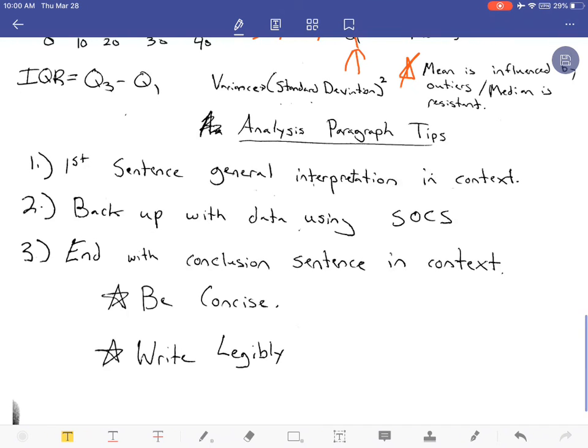So if you can understand graphs and then write a paragraph that summarizes it and explains it to somebody who doesn't know how to read graphs, that's going to give you a really marketable skill when you enter the workforce.